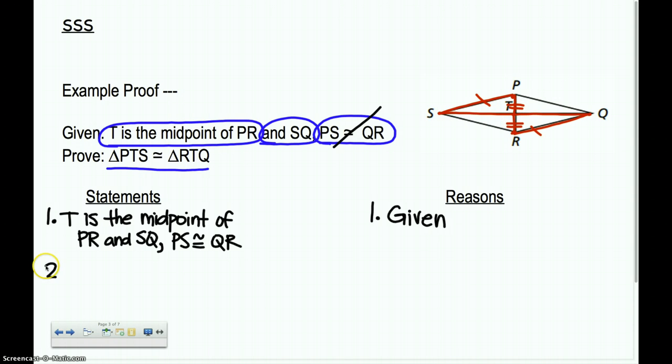PT is congruent to TR. Because it's the midpoint, it cuts it exactly in half. The midpoint divides or cuts a segment into two congruent halves.